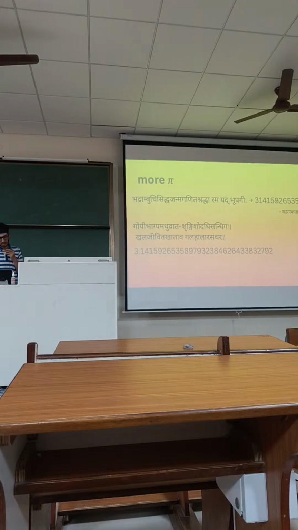In the same way, Gopi Bhagya Madhuvrata Srungi Sodathi Sandhiga Kalajivita Khatava Galahala Rasanthara. When we do a similar analysis for this verse as well, we get the same value for pi.